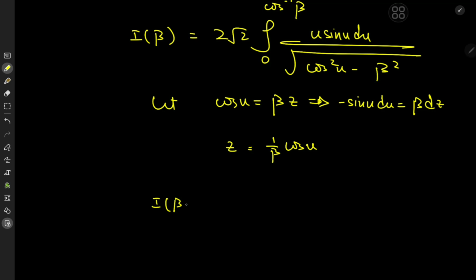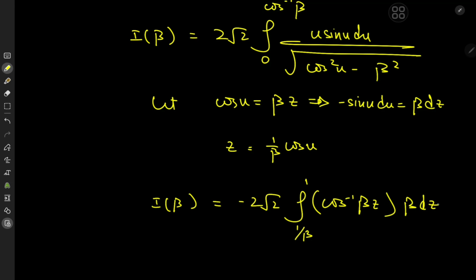So that means I of beta would be negative 2 times root 2 times the integral from 1 by beta to 1 of, what exactly is u? Well, u would be the inverse cosine of beta z, and sine u du with the negative sign turns into beta dz, divided by root beta squared z squared minus beta squared.